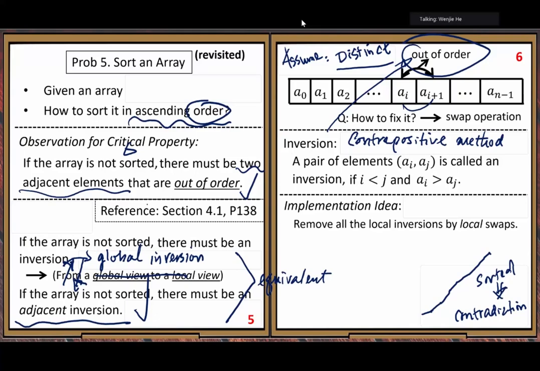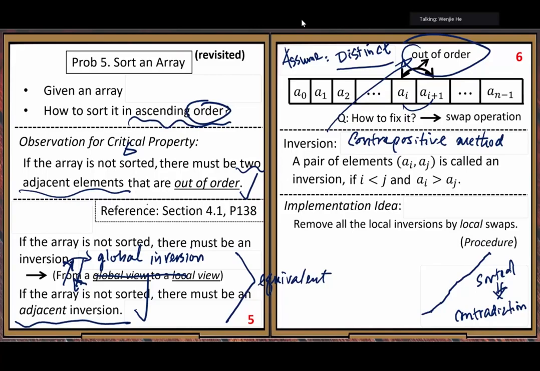Because here we apply this property, the bottom version. How do we fix all the inversion problems? Local swaps, adjacent swaps. We only need to do adjacent swaps, then we can fix all the inversions.